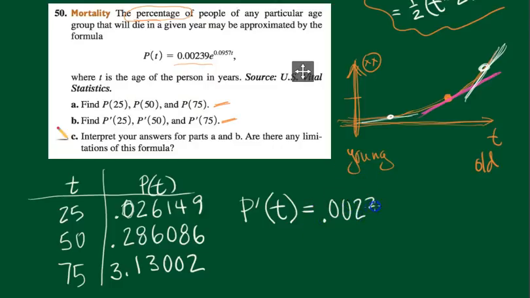So first we have this constant multiple times the original exponential function, and then the derivative of the stuff inside. So we have another constant multiple, which is this one. And when I take its derivative, what I have is times 0.0957.